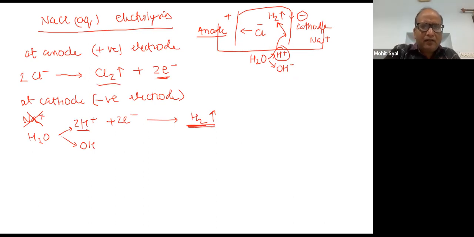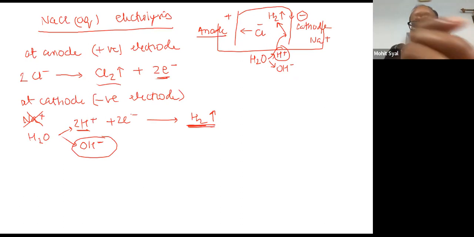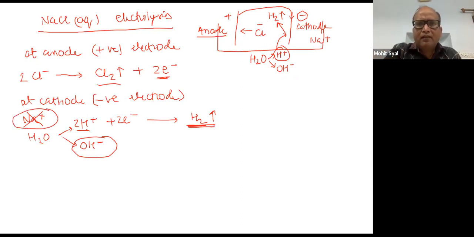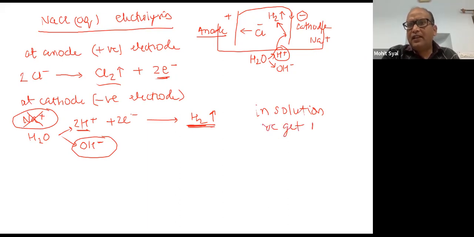And what is left in the solution? OH- is left in the solution, Na+ is left in the solution. So in solution we get NaOH.